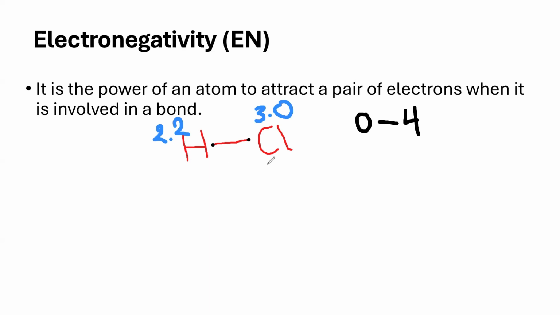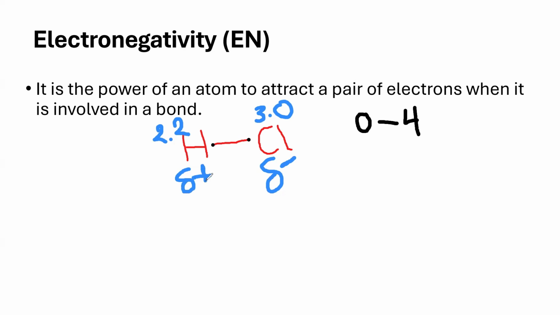That will give chlorine a partial negative charge, which is represented as delta negative. So chlorine will carry a partial negative charge. The atom with the higher electronegativity will have a partial negative charge, while the atom with the lower electronegativity will have a partial positive charge.